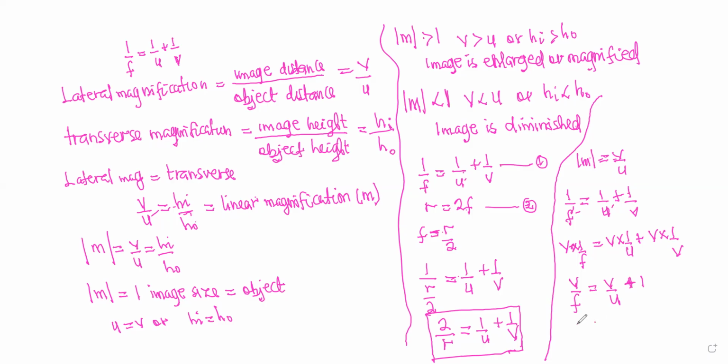Because V on U is equal to the linear magnification M, I can also express the same equation so that V will be equal to F times M plus 1. So if you see this, it is the same mirror formula, which is expressed in terms of linear magnification.